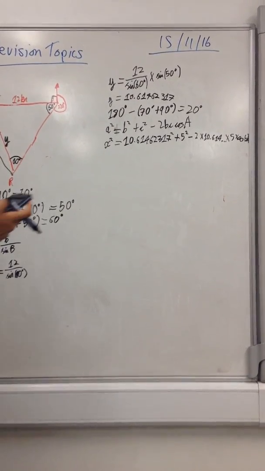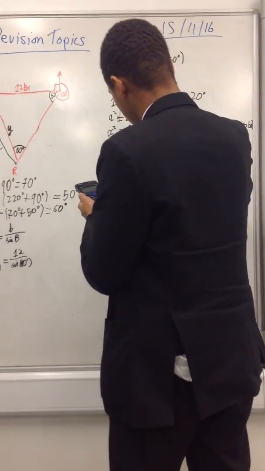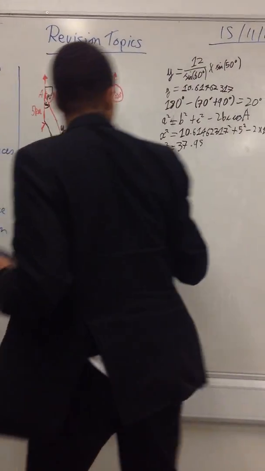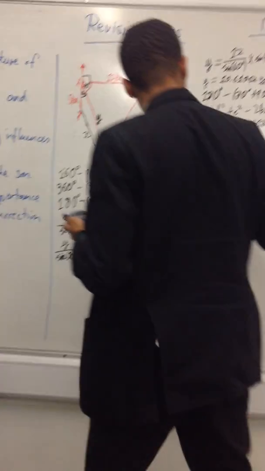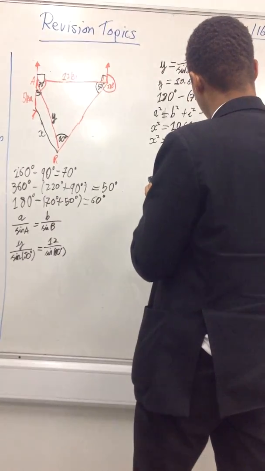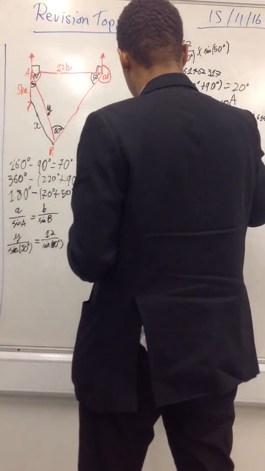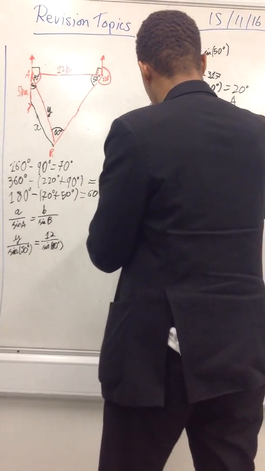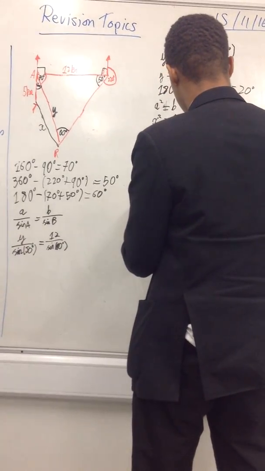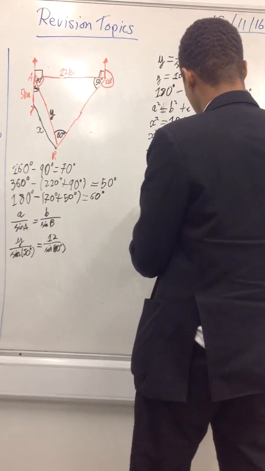You are left with x squared equals 37.925, etc. That's not a final answer because you still have x squared, so x equals the square root of that.